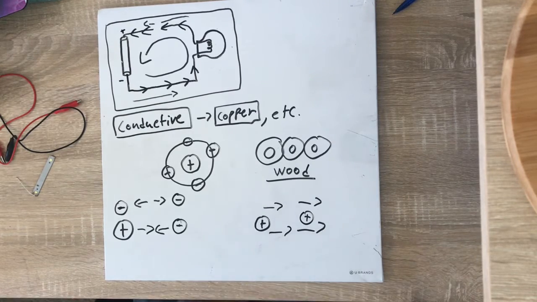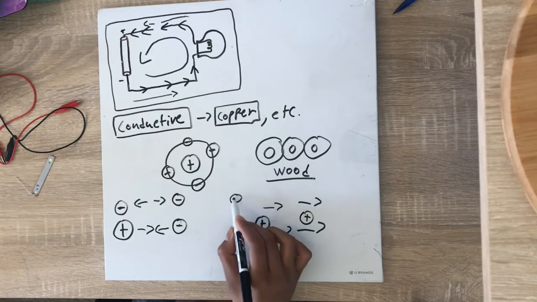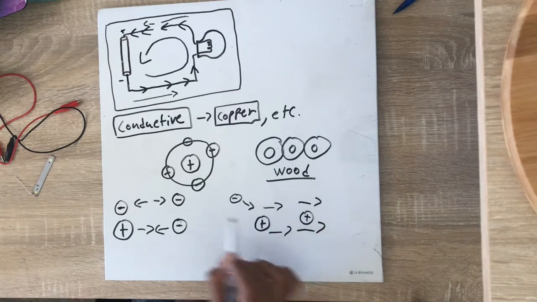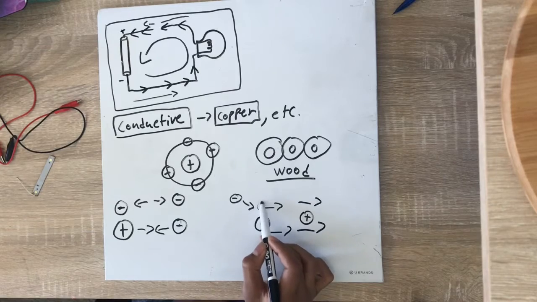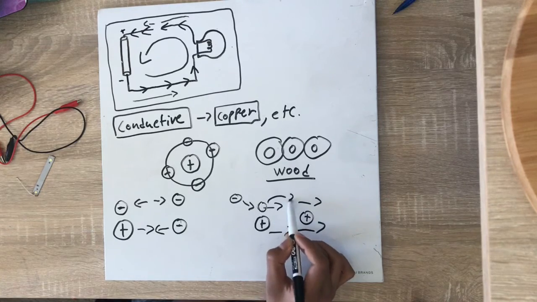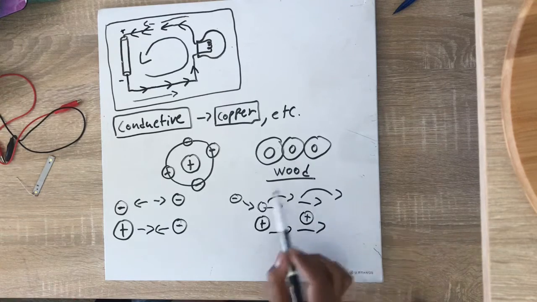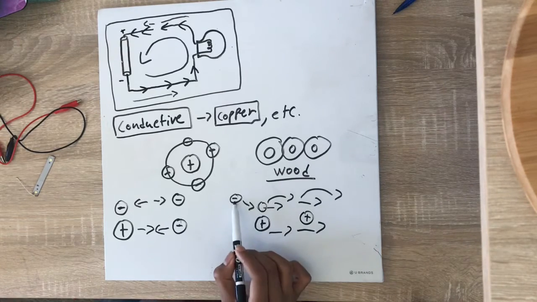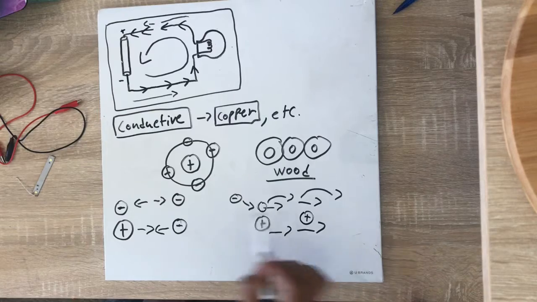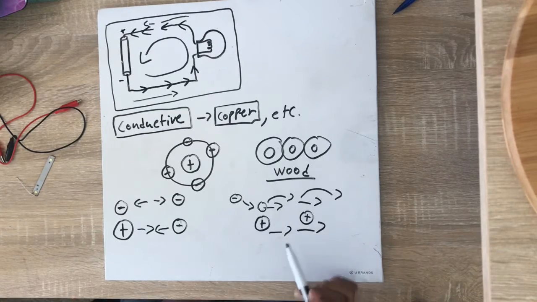So what this means is when we send an electron flying into it, then the electron that was once here flies onto the next atom, and then the next atom, and it continues. A chain reaction occurs where the electrons start flowing through the copper wire.